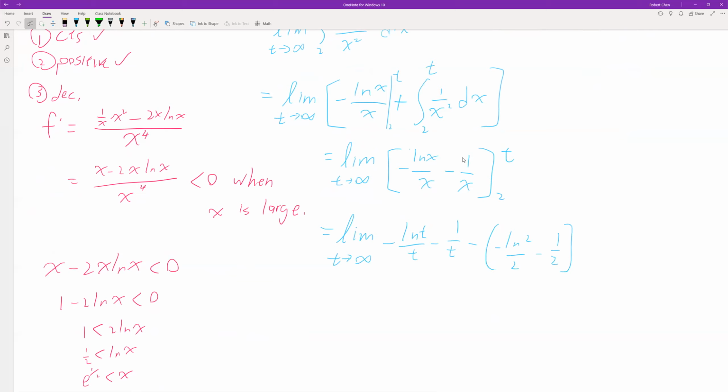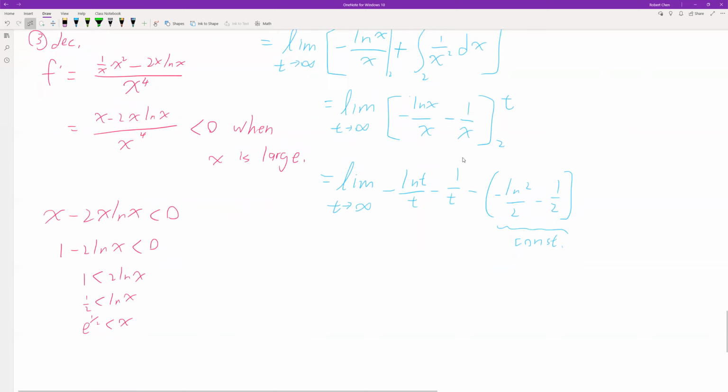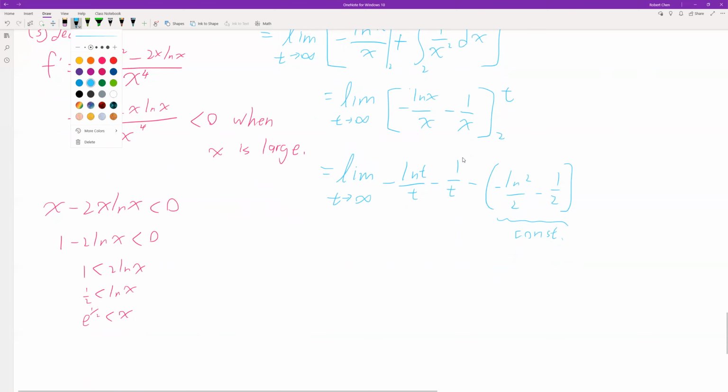So now this whole thing is a constant, right? So we don't have to worry about that. All we have to worry about is when we take the limit, whether this thing will go to 0 or not, right? So we care more about this part right here.